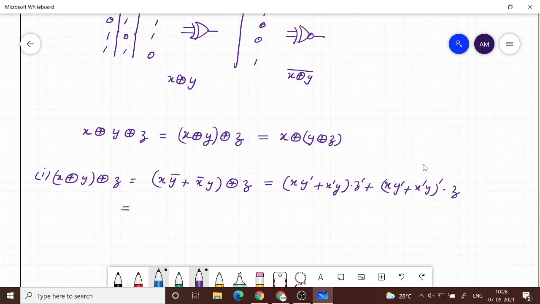So that is equal to, so now if I distribute everything, you can see that it is x y' z' plus x' y z' plus x y' z plus x' y' z.